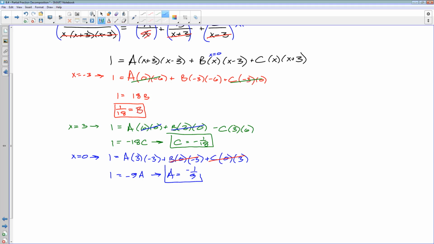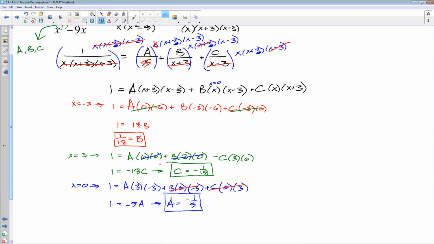Okay, now here's where you're going to be tempted to quit because we've done all the hard work. We finally solved for a, b, and c, but that is not the final answer. For our final answer, we go back and look at how we originally split up the fraction, and I see that I had a over an x. So my a was negative 1/9, and I'm just going to leave this as an ugly fraction. Negative 1/9 is a, and it was over x.